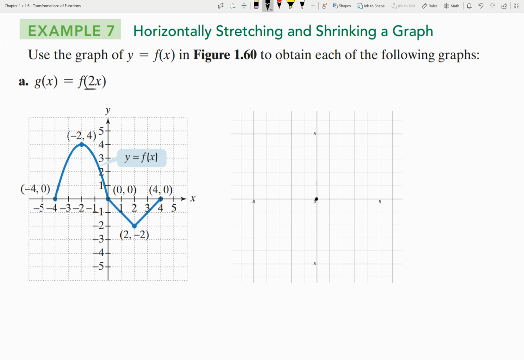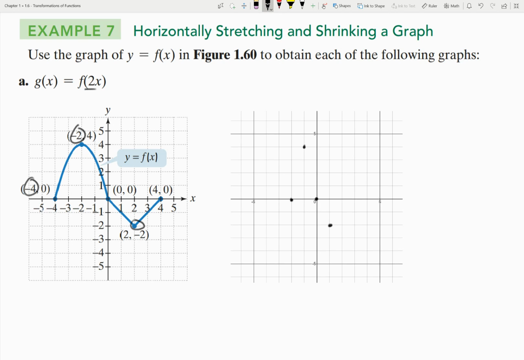y coordinate is going to stay the same, but instead of being negative 4, 0, it's now going to be negative 2, 0. Instead of being negative 2, 4, it's going to be negative 1, 4. 0, 0 is going to stay the same. Here, instead of being 2, negative 2, we're going to be 1, negative 2.